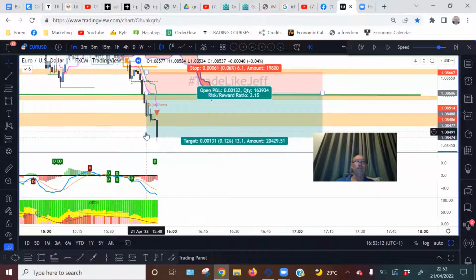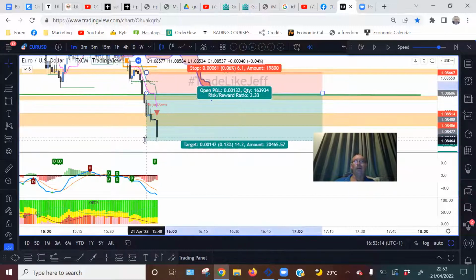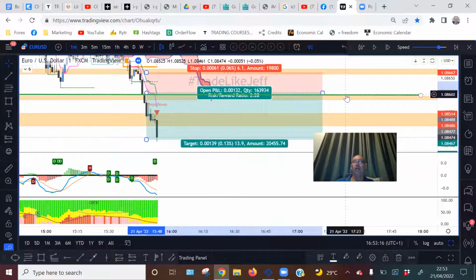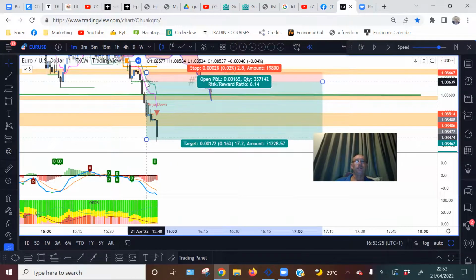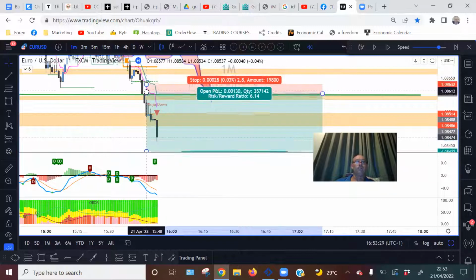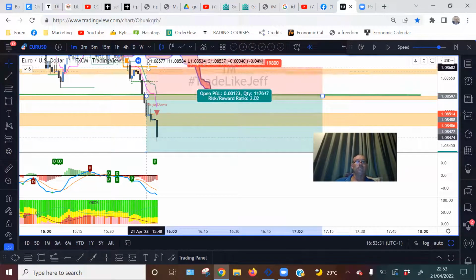Oh, very nice indeed, ladies and gentlemen. Look at the power. 2%. That's right, I locked in 1%, hadn't I? So therefore, I think it was actually there.